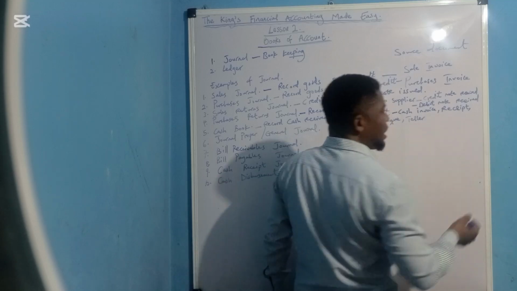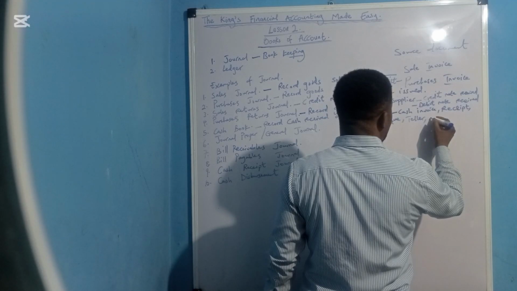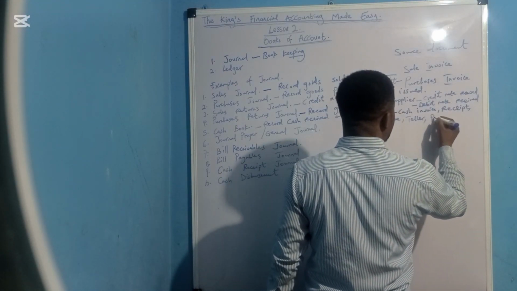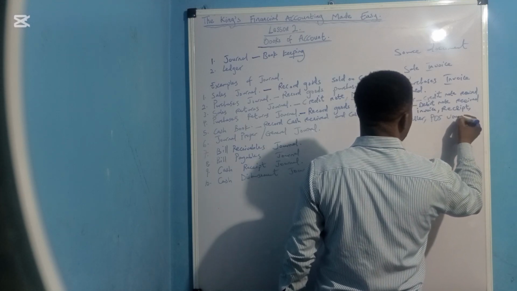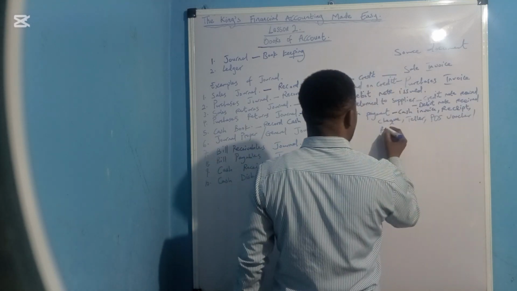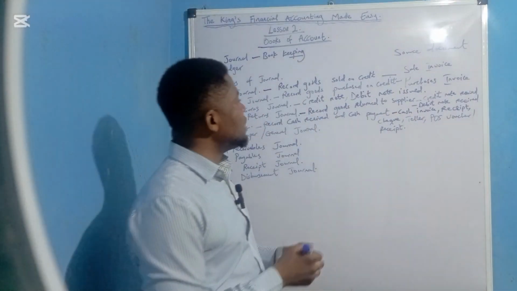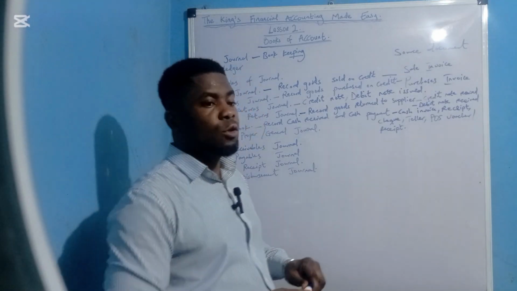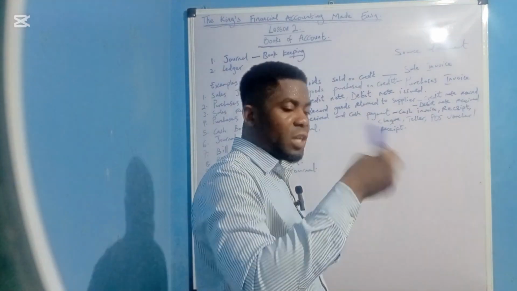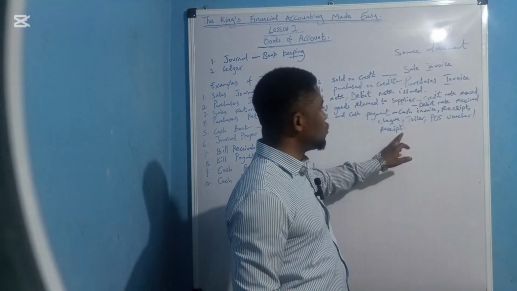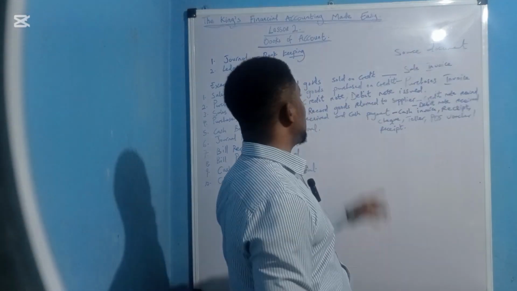You have the teller. If you do a transaction on POS, you have that payment voucher, POS voucher or receipt. So all those are anything that you can use to acknowledge or to show evidence that a cash transaction takes place or took place. Those are the source documents for the cash book.